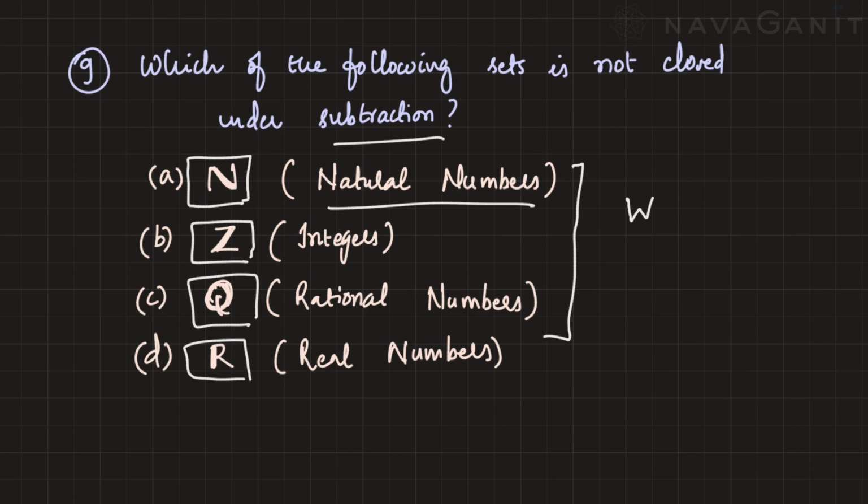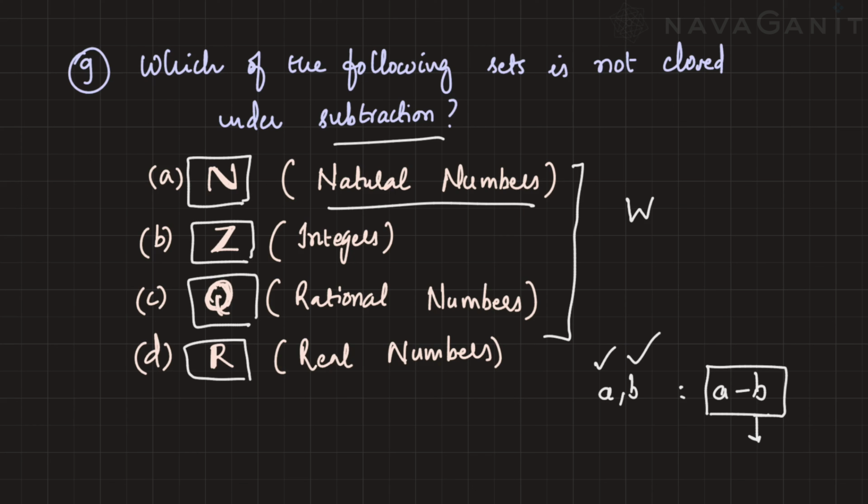When I say that a set is closed under subtraction, I mean that if I have two elements in that set, a and b, and I subtract b from a, that is a minus b, this should also be present in the set that a and b belong to.